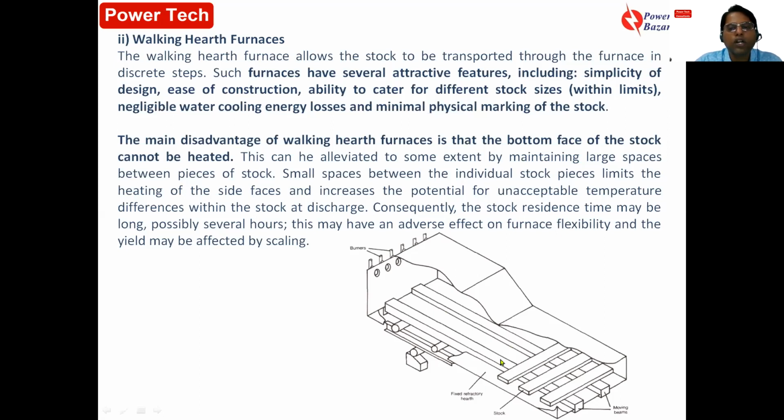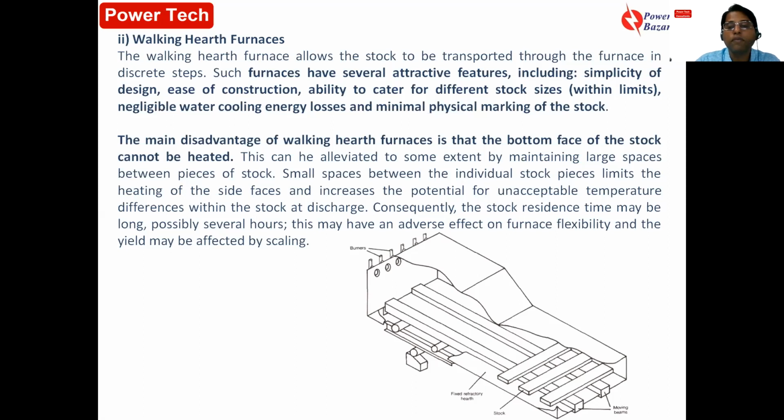But here also the bottom face of the stock cannot be reheated, and the small space between individual stock pieces limits the heating. Therefore, uniform heating is not possible, and to have uniform heating, the stock residence time has to be increased. Now, this will affect the furnace flexibility, and will increase the furnace loss.